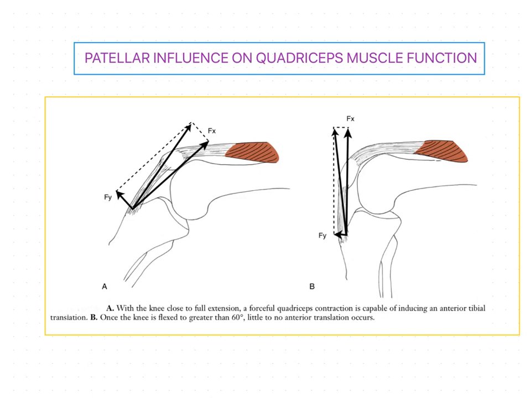From the perspective of mechanical efficiency, the patella lengthens the moment arm of the quadriceps by increasing the distance of the quadriceps tendon and patellar tendon from the knee joint axis. As we know, the knee joint axis is horizontal to the femoral condyles.